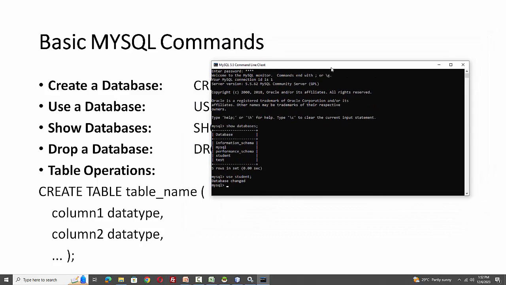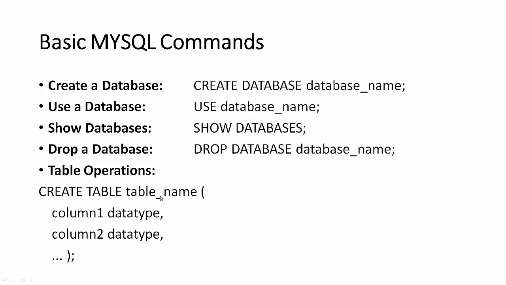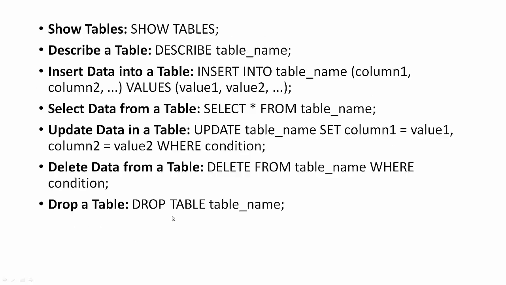So now what can you do? You can create a table. So how do you create a table? Create table, the table name, followed by however many columns you specify. If you want to show the table, or describe the table, you can describe it. If you want to insert into the table, you can insert, and select means you can retrieve the table values.